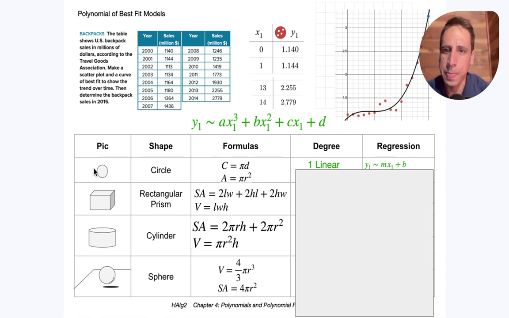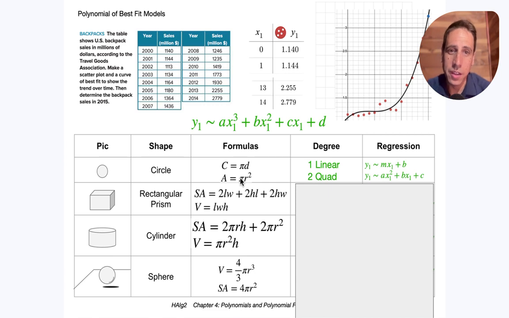However, still thinking about a circle, you can also have areas. Let's say the data that you had, not a table like this with backpacks and years, but a whole bunch of circles with a whole bunch of radii and areas paired together. The relationship between those two is not linear. You can see the exponent is 2. It's quadratic because the degree is 2.